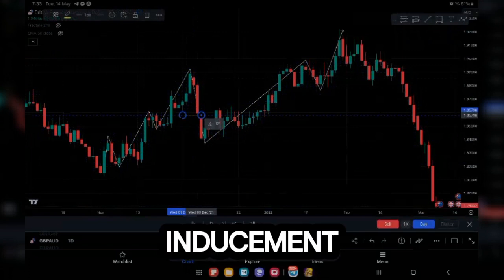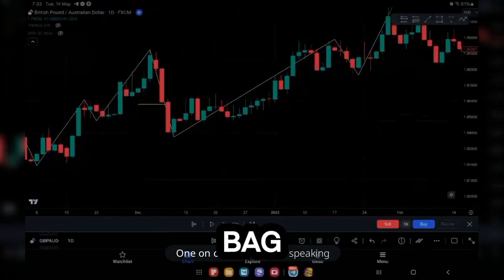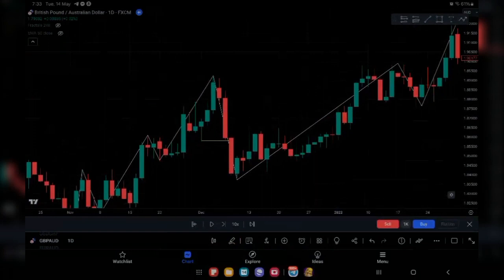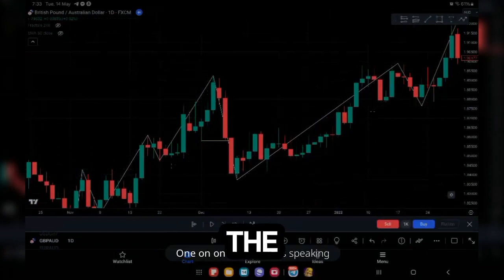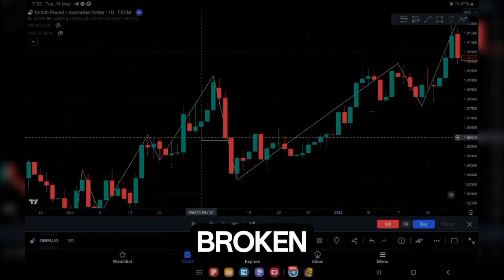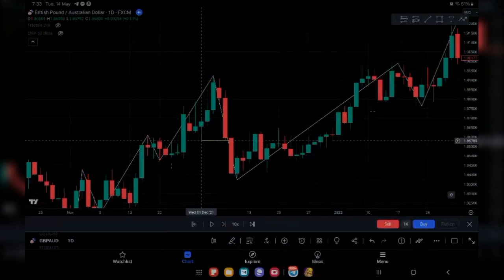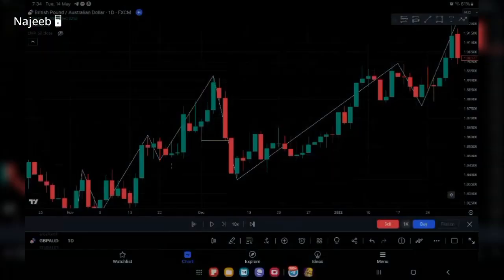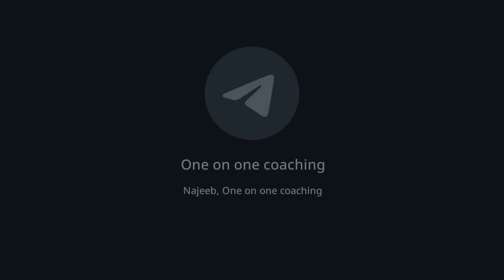How is that inducement? Is that a valid pullback? This is the highest candle. Okay, I can see the candle now. And the low has been broken. Yes?